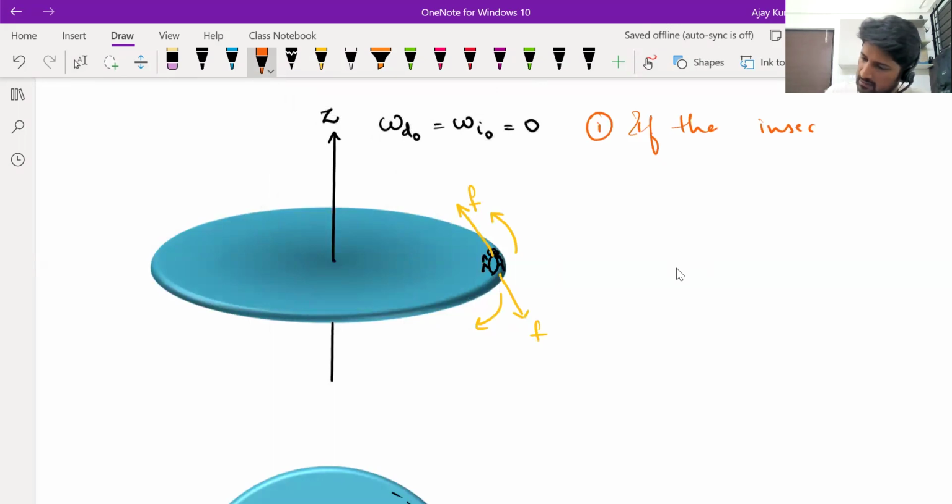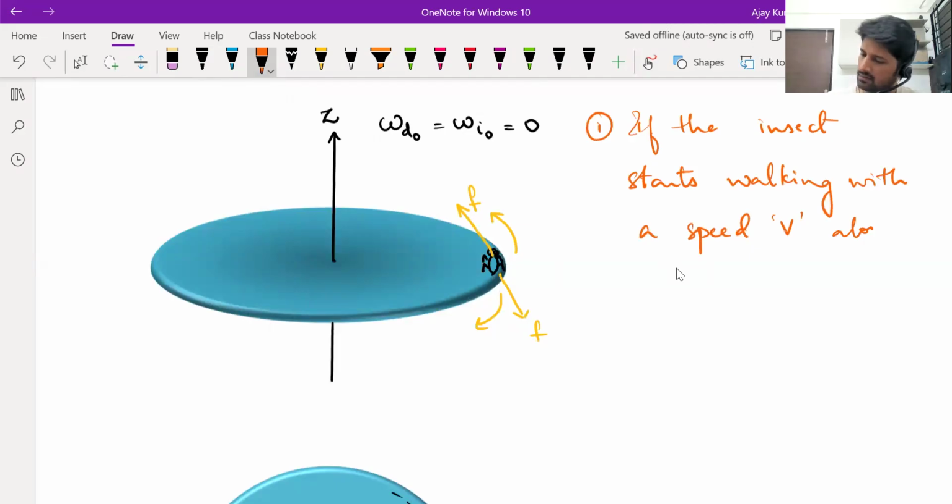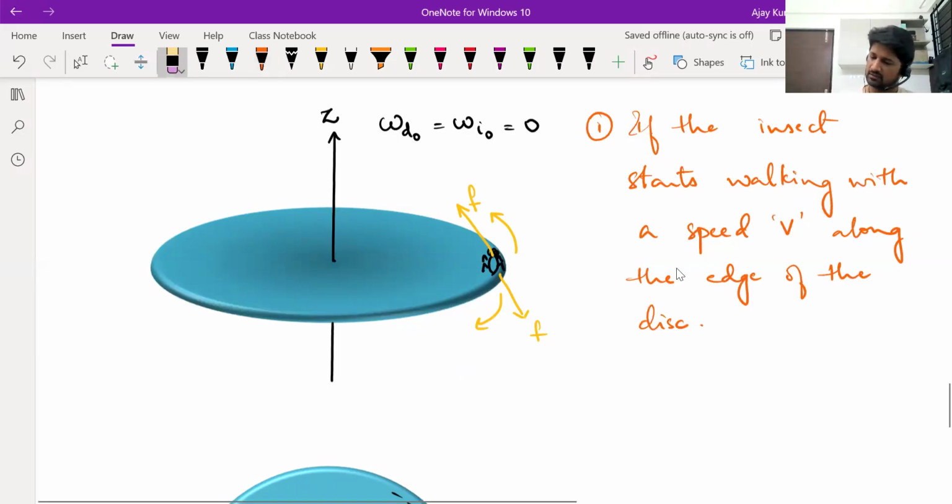If the insect starts walking with a speed v along the edge of the disk, remember its angular velocity is not given, its linear velocity v is given. Linear speed v is given along the edge of the disk.